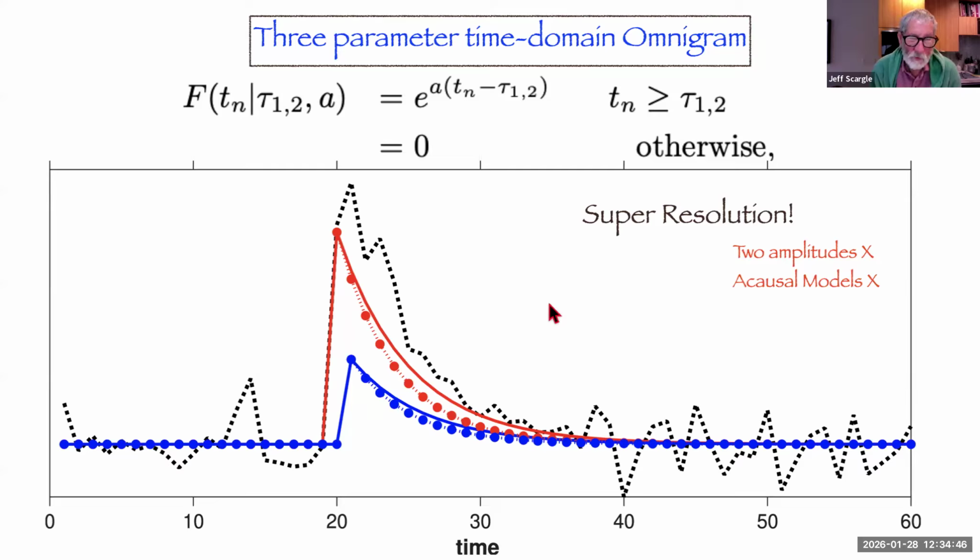The 3 parameters were the decay constant and the location times, the peak times of these FREDs. But an obvious generalization is to allow them to have different amplitudes. And when I did a fit with 4 parameters, it just gave nonsense, and it didn't give reasonable results.